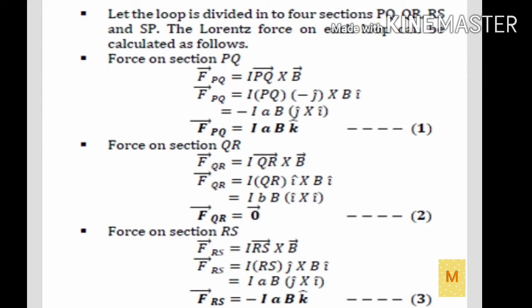The unit vector for positive x direction is i cap. So that the equation becomes FQR vector is equal to I QR i cap cross B i cap, which is equal to I B into i cap cross i cap, where i cap cross i cap is equal to what? 0. So that the equation becomes 0.